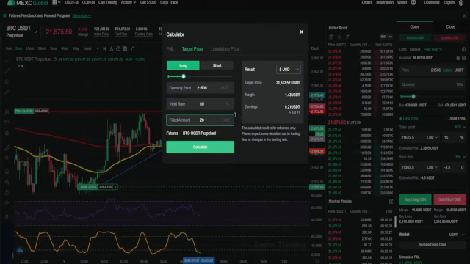Total amount 20, 30%, calculate. 21,720 would be a target price, but 21,772 is where I've got mine.